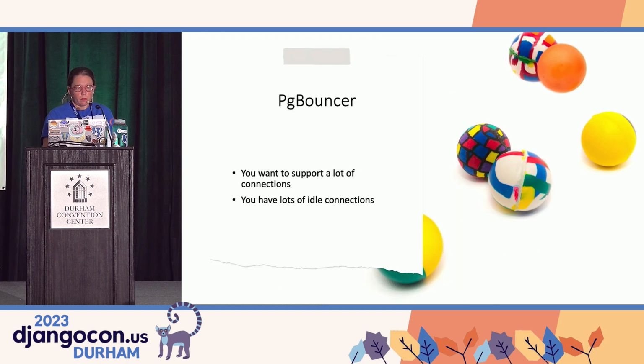PG Bouncer is the de facto best use case connection pooler for Postgres. There's several other connection poolers out there. I haven't tested a bunch of them. We have a small Django application that we use where I work inside Crunchy that does some tools for our sales teams.